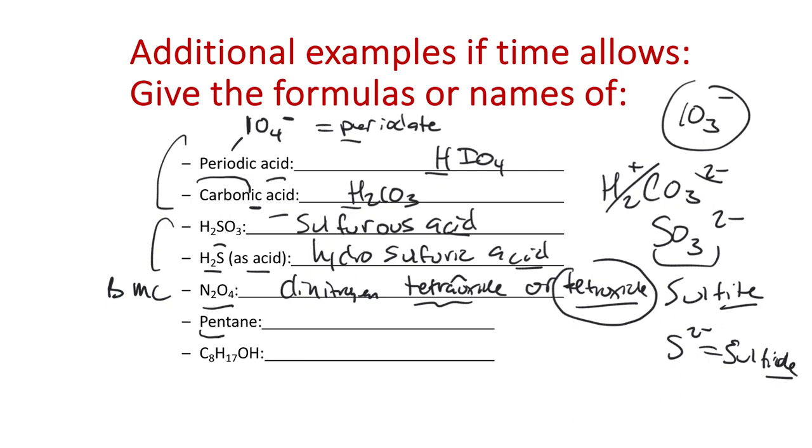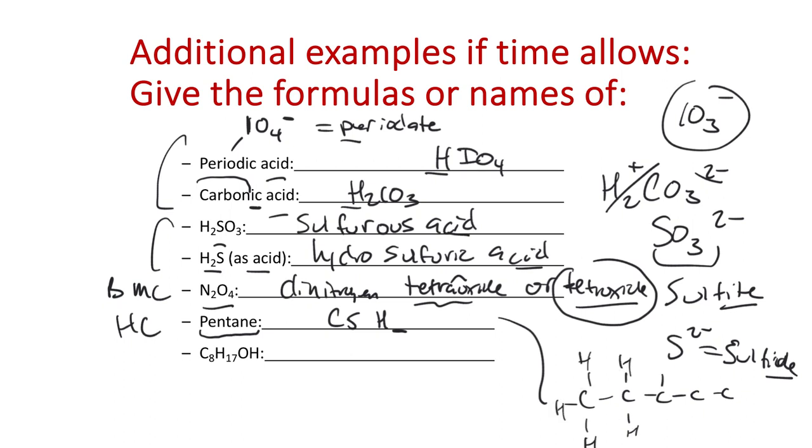Pentane is the saturated hydrocarbon, so this is a hydrocarbon saturated in hydrogen with 5 carbons, so it's going to be C5H. How many hydrogens? This is where I might just picture one of two things. I might put 5 carbons in linear sequence, and then attach hydrogens to give me 4 bonds on each carbon. CH3s on the end, CH2s in the middle. 1, 2, 3, 4, 5.